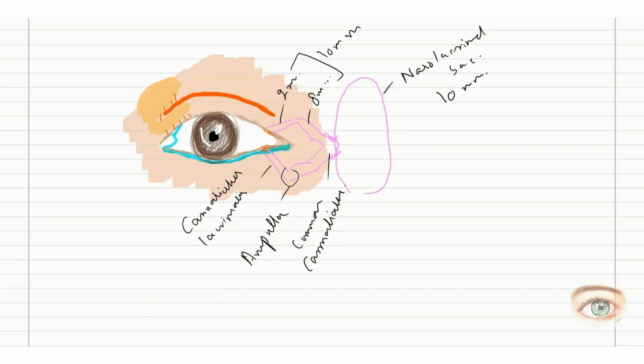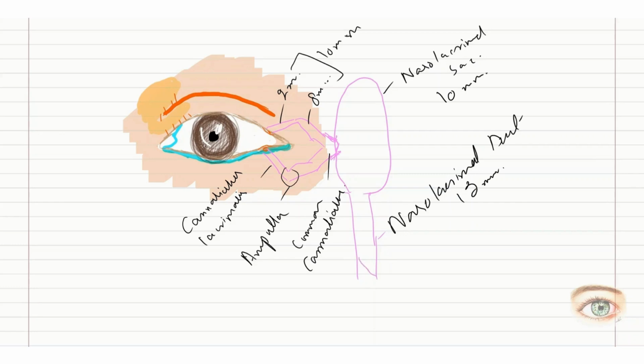The aqueous will drain from the nasolacrimal sac into the nasolacrimal duct, which is 12 millimeters.